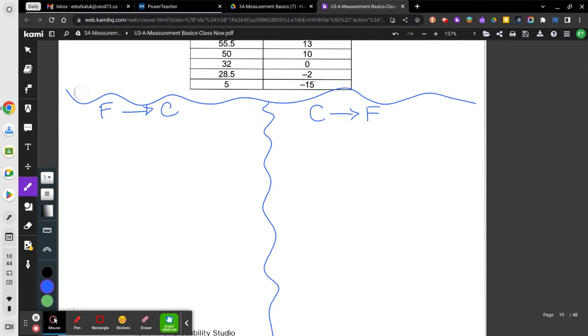So we're going to do the first one, which is Celsius to Fahrenheit on the right-hand side. Here's our steps. First step, we are going to multiply the degrees Celsius by 1.8.